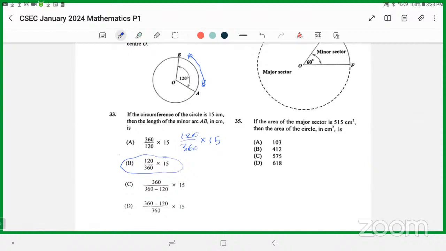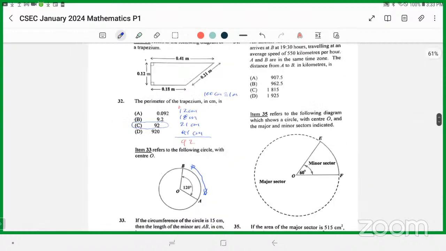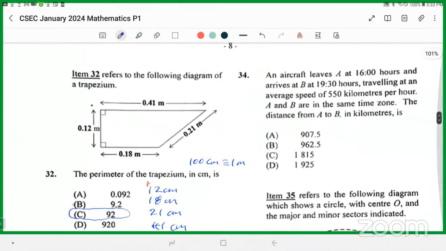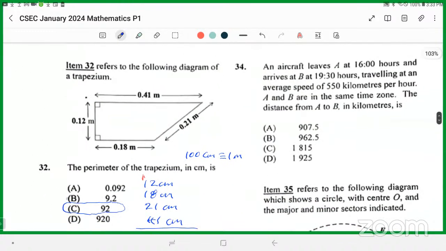Number 34. Right here, it says an aircraft leaves A at 1600 hours and arrives at B at 1930, traveling at an average speed of 550 kilometers per hour.